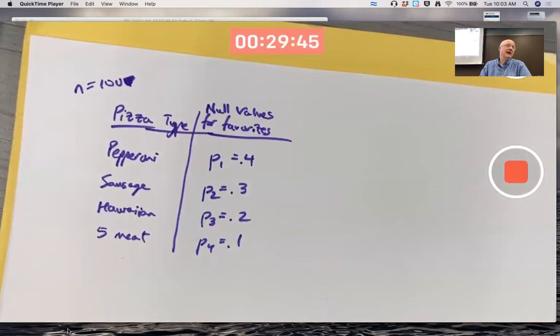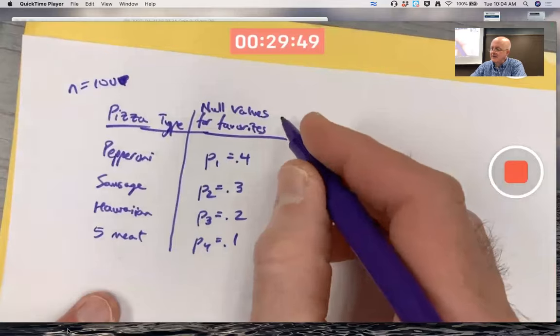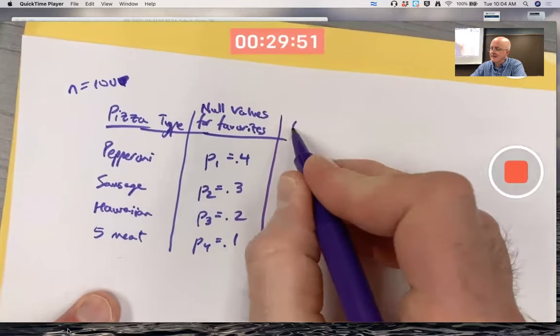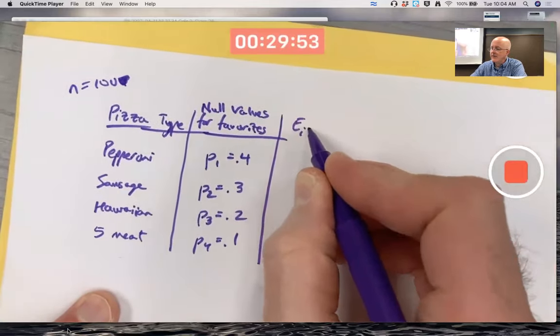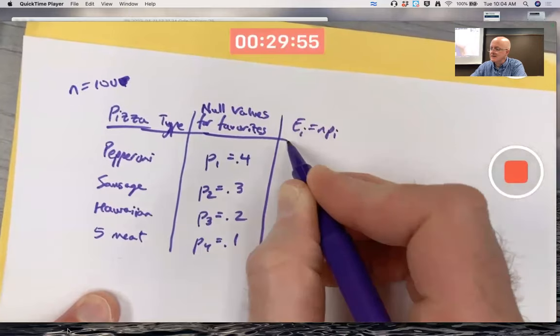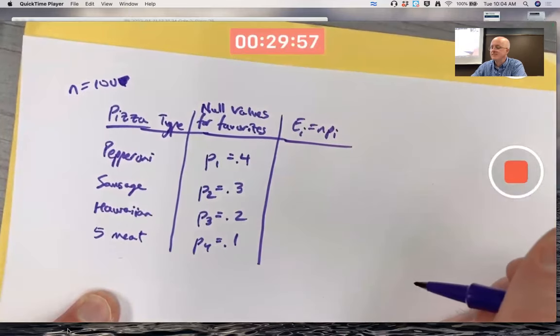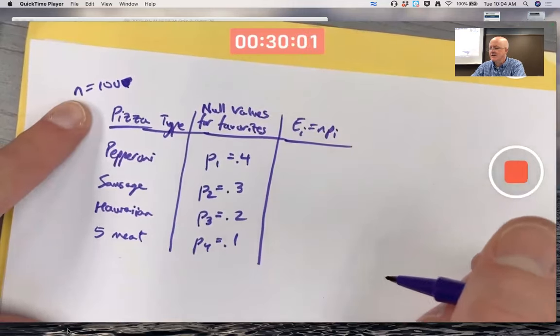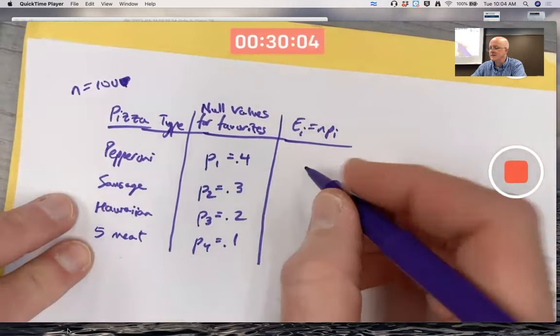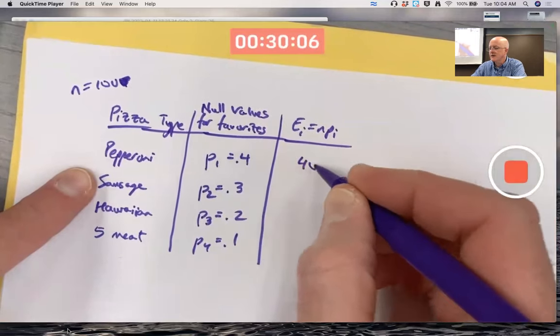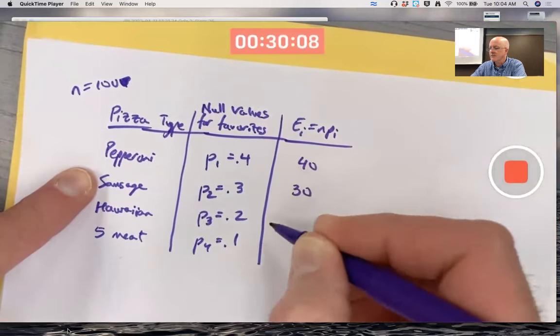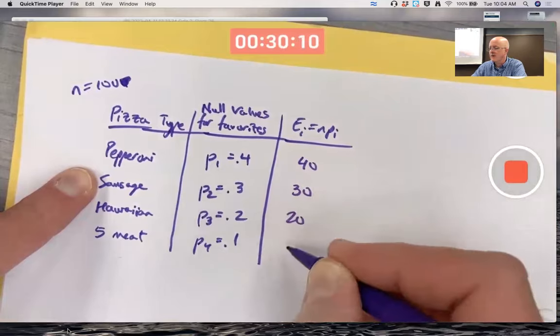We'll get some observed values. We can also compute expected values. You could call them E_i equals n times p_i, as the book does in chapter 15. Assuming n is 100, multiplied by these proportions, 100 times 0.4 is 40. 100 times 0.3 is 30, 100 times 0.2 is 20, 100 times 0.1 is 10.